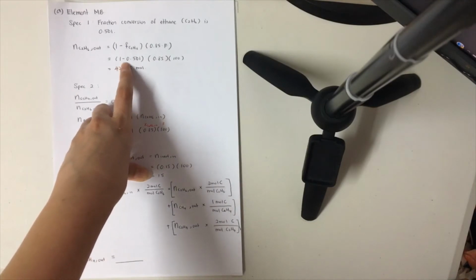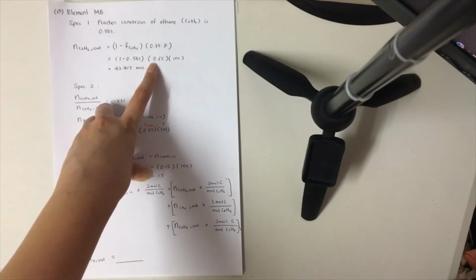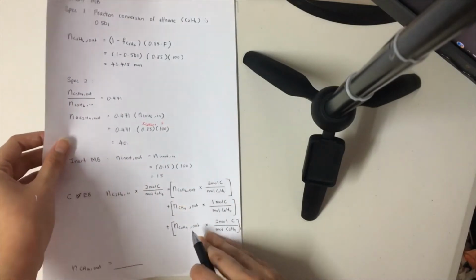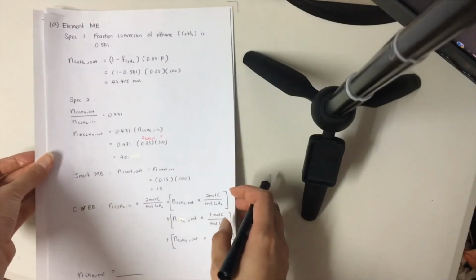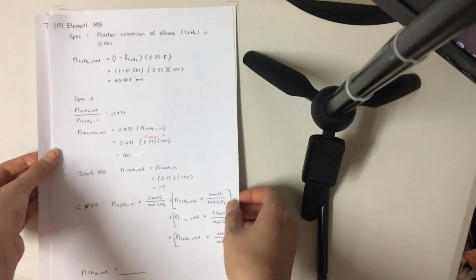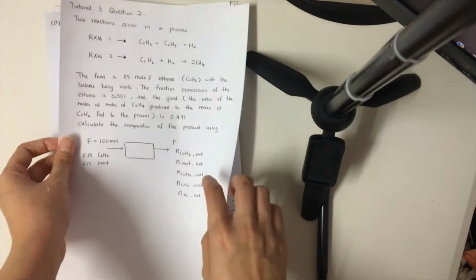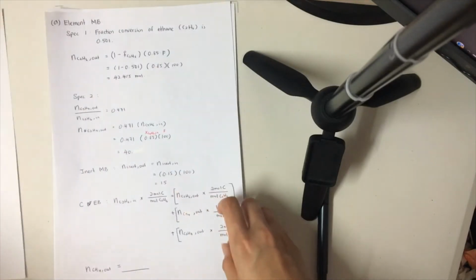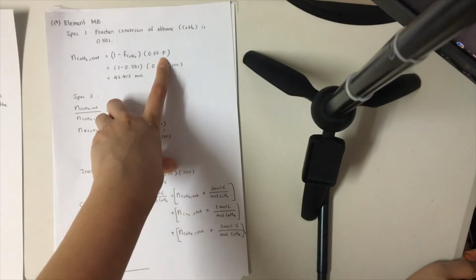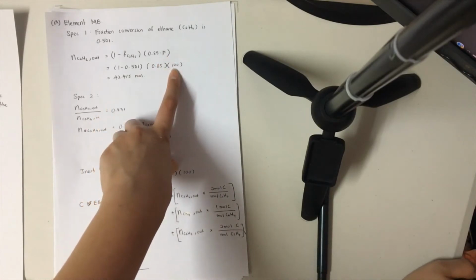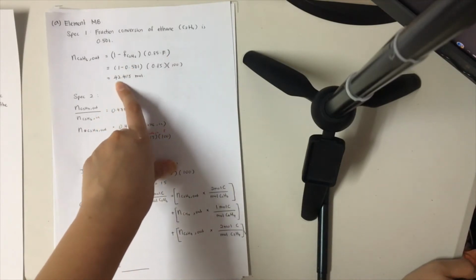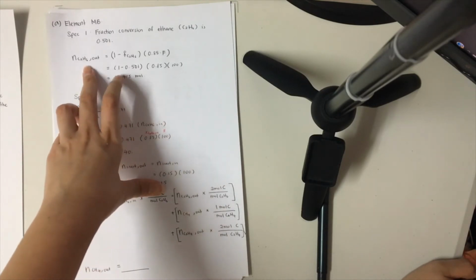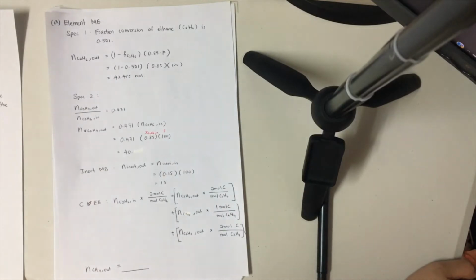That is 1 minus 0.501 multiplied by 0.85, which is the composition, times the feed, and our feed is 100 moles, which will give us 42.415 moles of C2H6 coming out in the product stream.